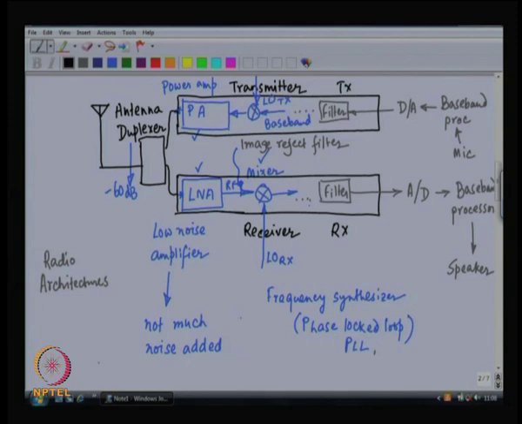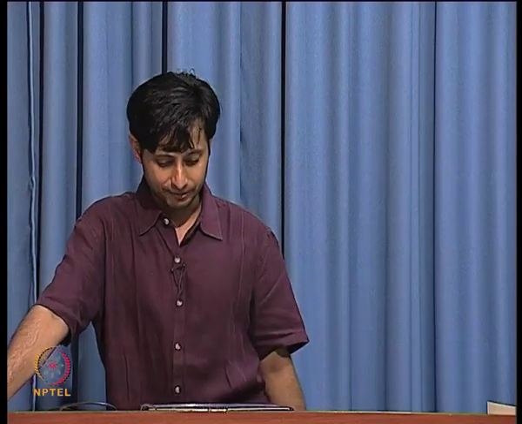On the transmit side, the last block I need to blast as much power into the atmosphere as possible. So, I need something called a power amplifier, and right before the power amplifier there is probably going to be a mixer which will convert my low frequency signal to something at higher frequencies.